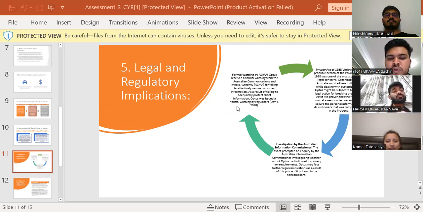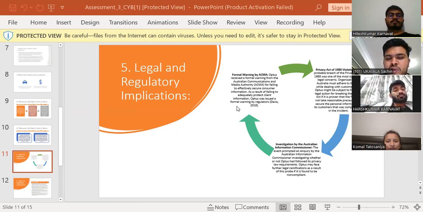The probable breach of the Privacy Act 1988 was one of the most significant legal concerns. Every organization in Australia must adhere to this law when dealing with customer data.